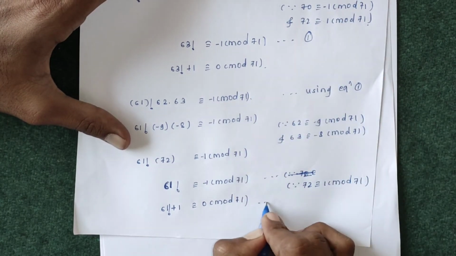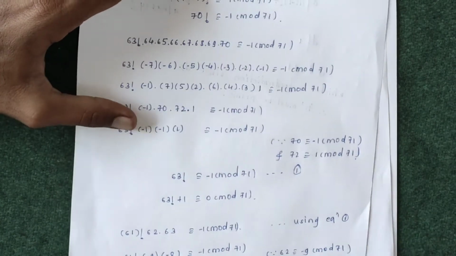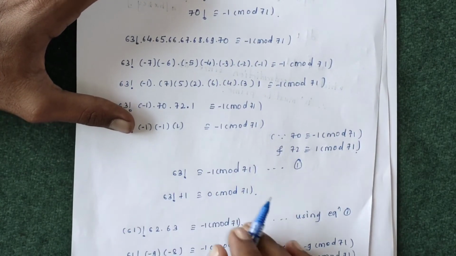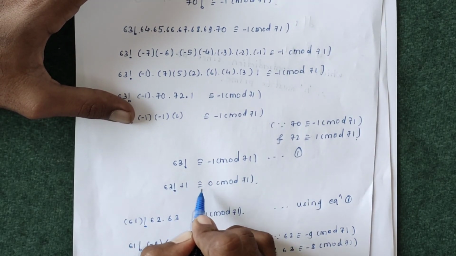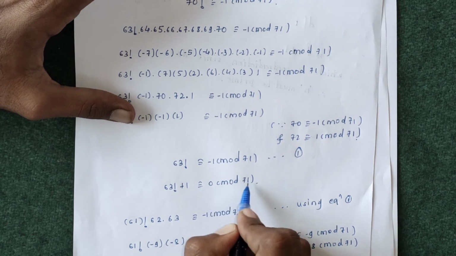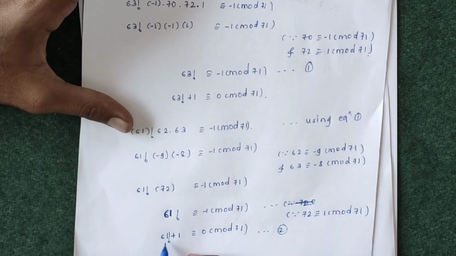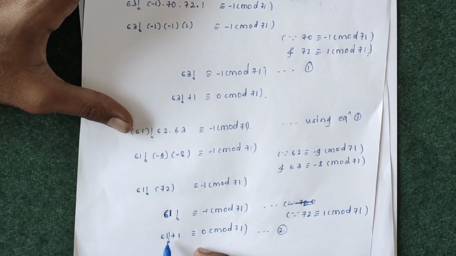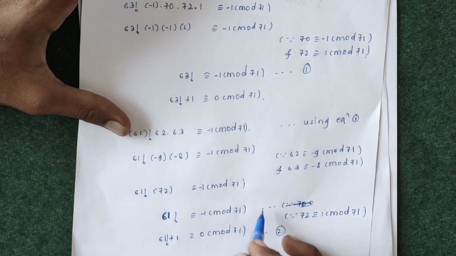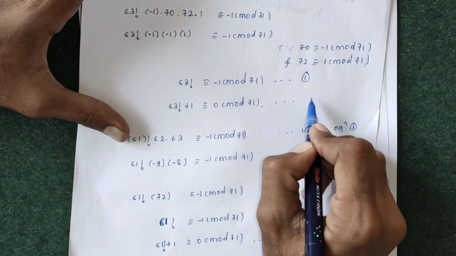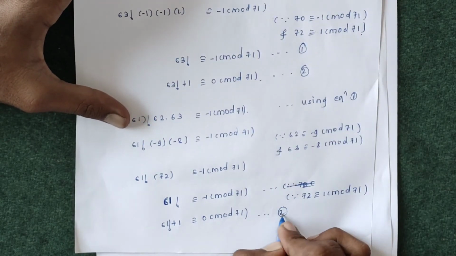This is equation number 2, and from the earlier equation we get 63 factorial plus 1 is congruent to 0 modulo 71, and from this equation we get 61 factorial plus 1 is congruent to 0 modulo 71. So suppose this is equation number 2 and this is equation number 3.